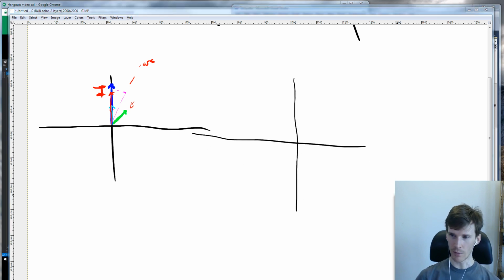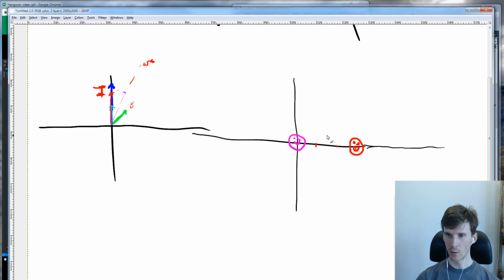Let's say we have a thing that's like a happy face, and we wanted to translate it, say 1, 2, 3 over here, and then scale it by 2. If we translate it to there and scale it by 2, it ends up 1, 2, 3, 4, 5, 6, and twice as big.